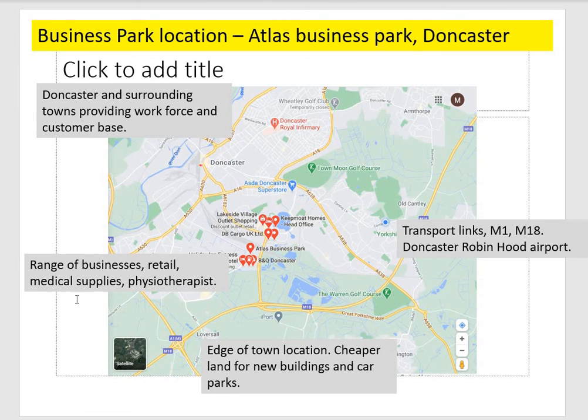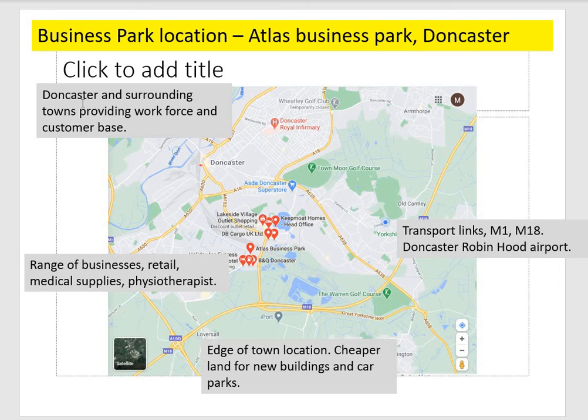So that's really good for customers because they can go to just one location and get everything they need. It's also good for those businesses because they might be able to work together, they might be able to collaborate. And finally, it's location. There's Doncaster, there's Rotherham, there's Sheffield. So that provides a really good workforce and a really good customer base.